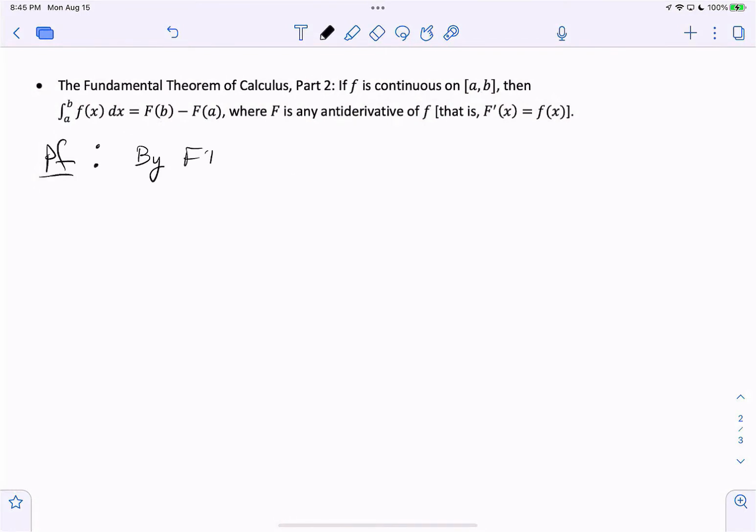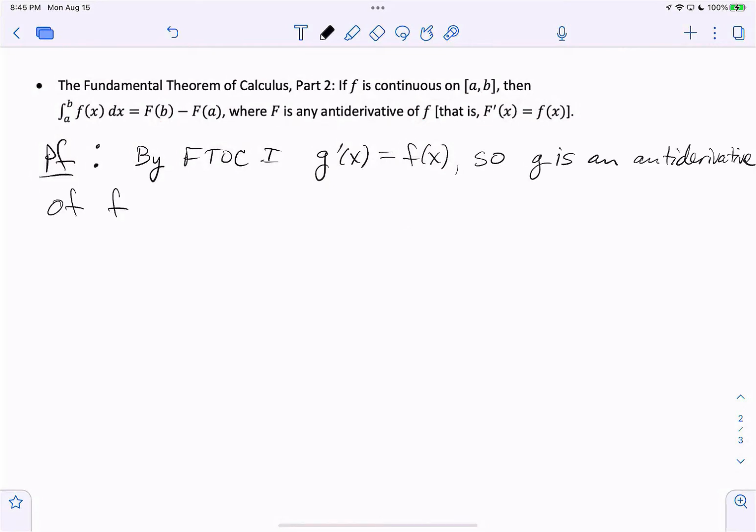By the Fundamental Theorem of Calculus Part 1, we had a function g that was defined as an integral, and we said that g prime of x is equal to f of x, which means that g is an antiderivative of lowercase f.